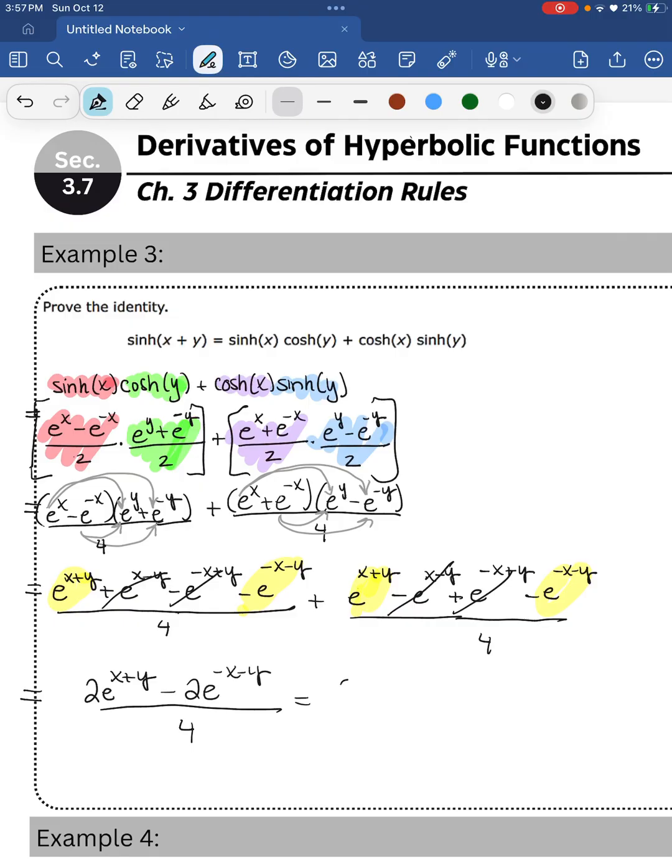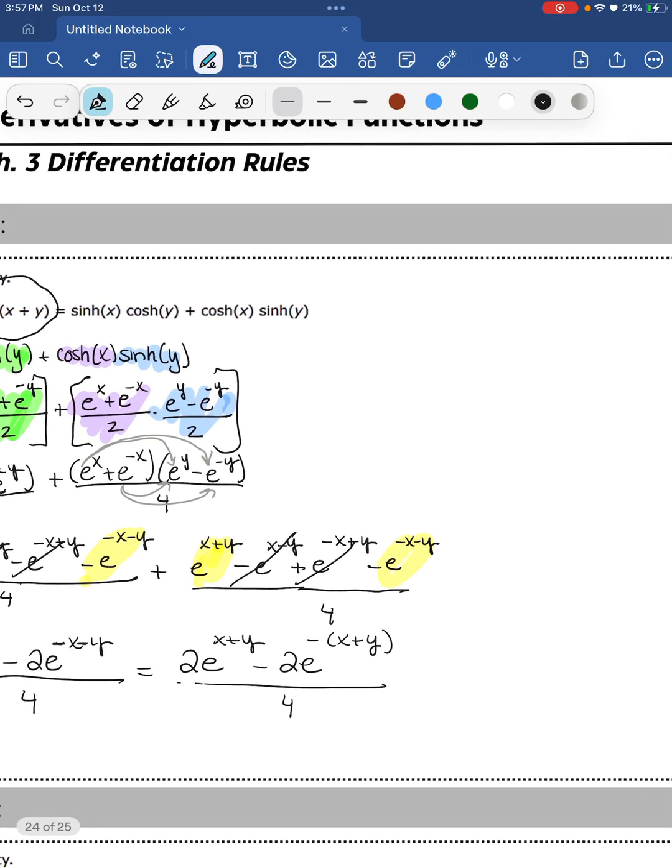Don't forget that your chain rule is going to be the derivative of the outside with the inside times the derivative of the inside.